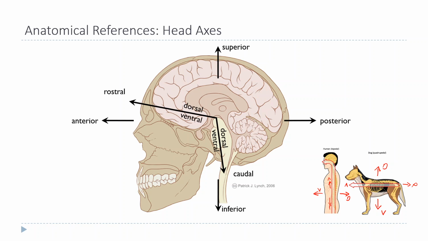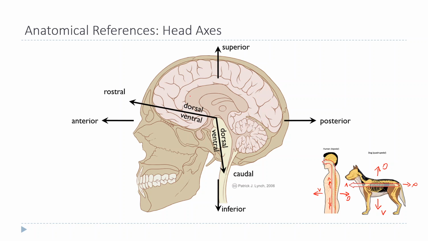So instead of being parallel to the ground, it's now perpendicular to the ground, but our head axis did not turn. So your head axis is still essentially horizontal with respect to the ground, which means it's the same as in other quadrupedal animals. So the head axes kind of rotate 90 degrees to the body axes if you are a human or, again, another animal that walks on four legs.